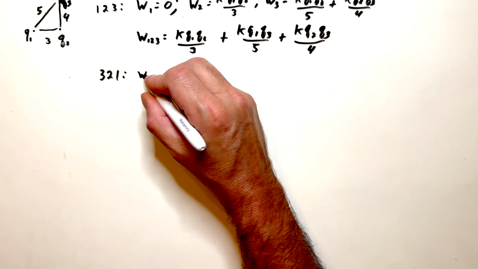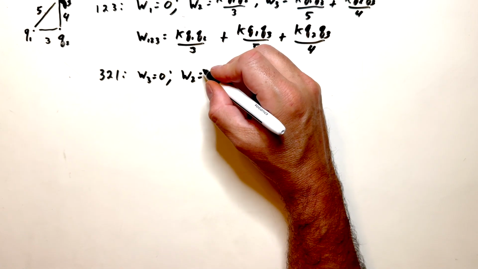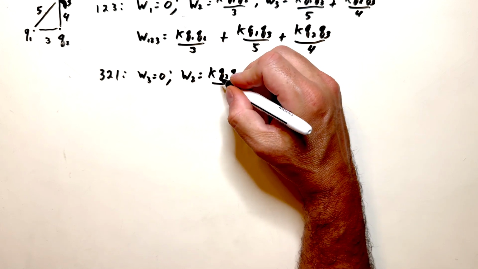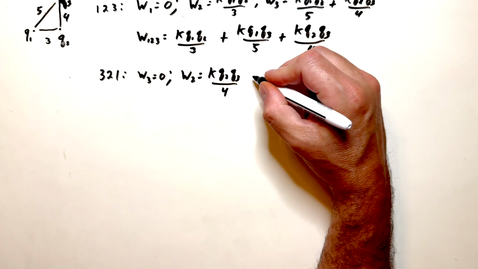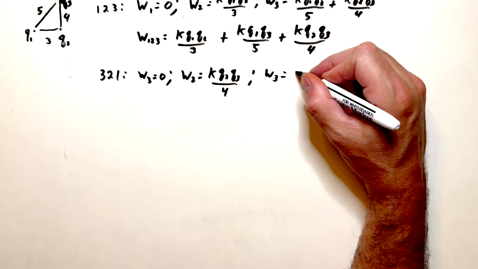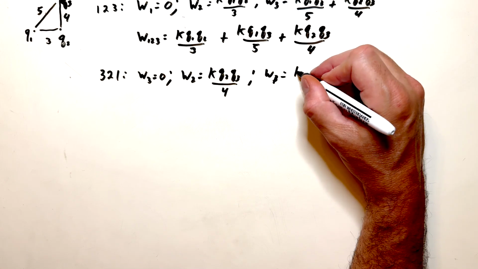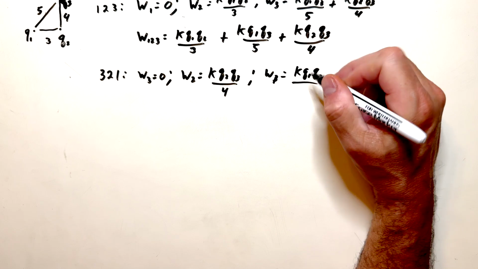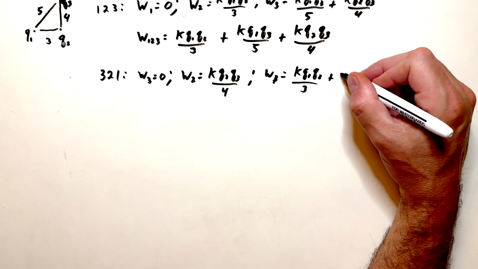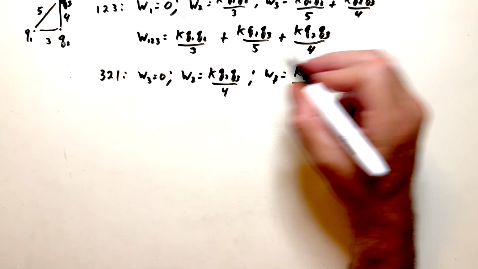This time, the work to move charge 3 in will be equal to 0, but the work to move charge 2 in will be equal to K Q2 Q3 over the distance between Q2 and Q3, which is 4. And then finally, to move charge 1 in, we have 2 contributions this time. We have K Q1 Q2 over the distance 3 plus K Q1 Q3 over the distance of 5.